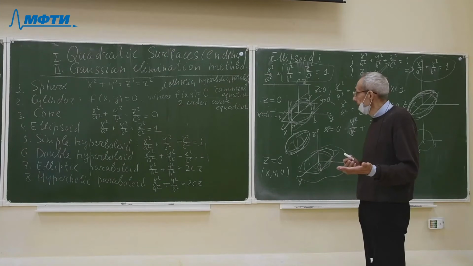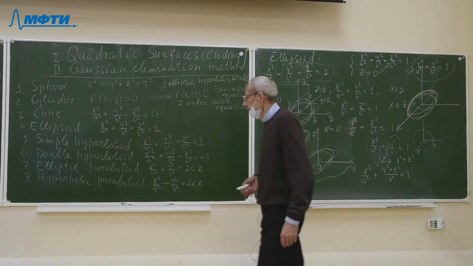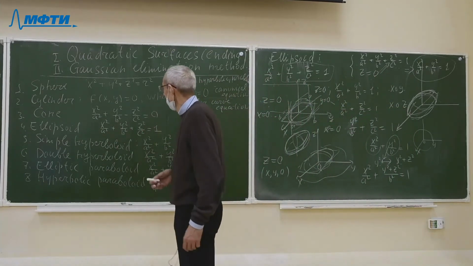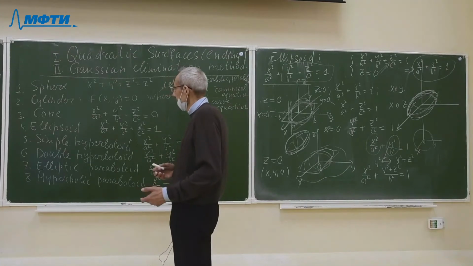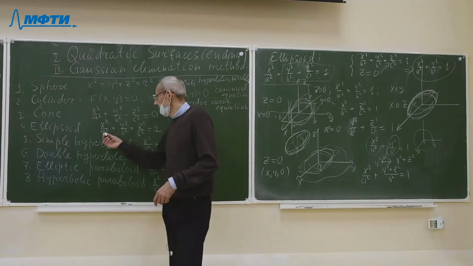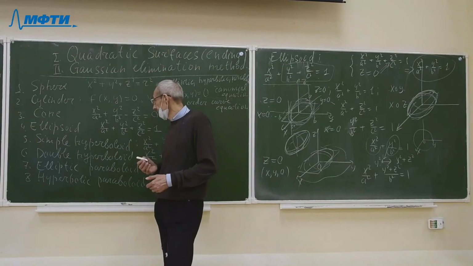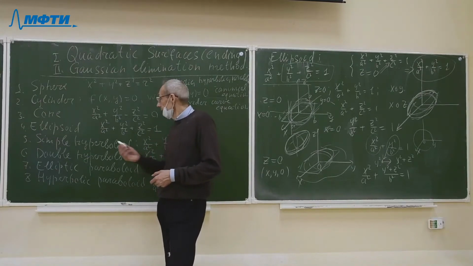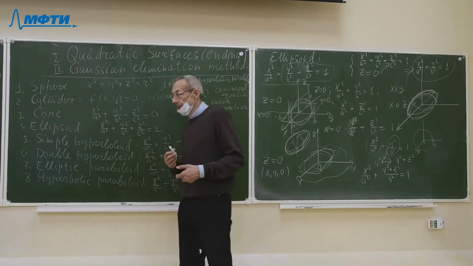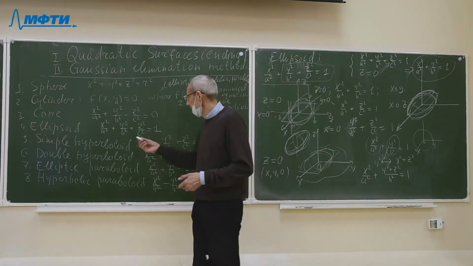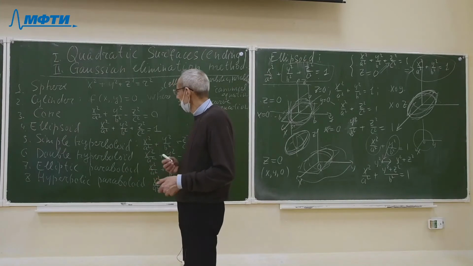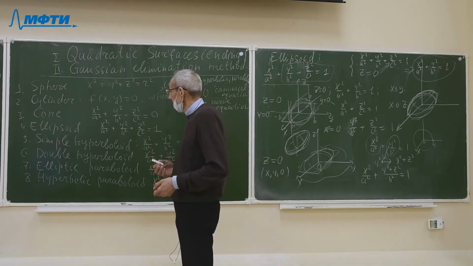The ellipsoid reflects this fact: this figure has a form such that any section of this surface by a plane parallel to a coordinate plane, all these sections are ellipses.